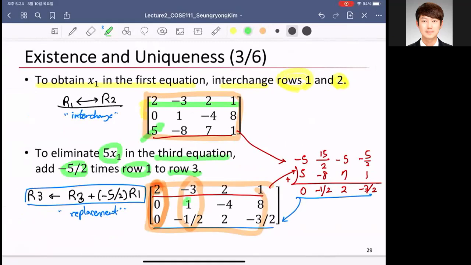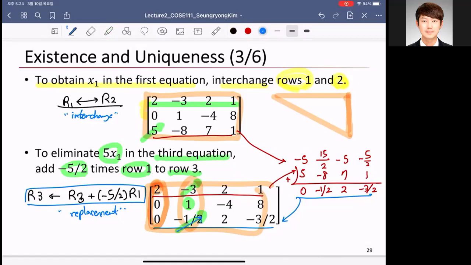By using this one, just remove this term first, and then remove this term again by using the next equation. In other words, our strategy is to make our new system take an upper triangular form like this. So first of all, let's remove this term first.